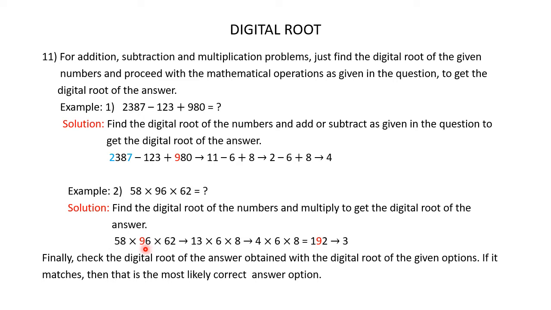In 96, you can ignore the 9 and you're left with 6 here. And in 62, 6 plus 2 is 8. So 4 multiplied by 6 multiplied by 8 is 192. Again, you can ignore the 9 here. 1 plus 2 is 3. So 3 is the digital root of the answer.